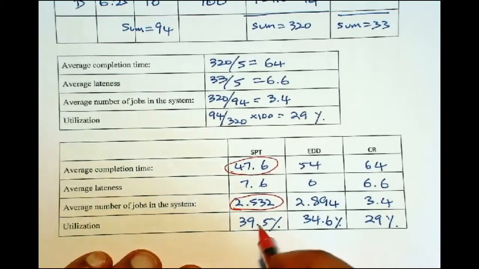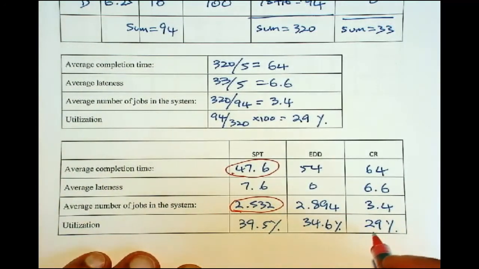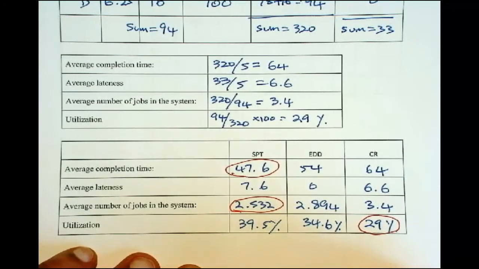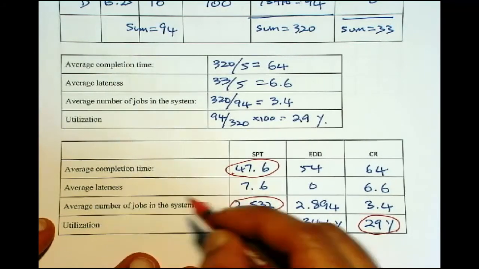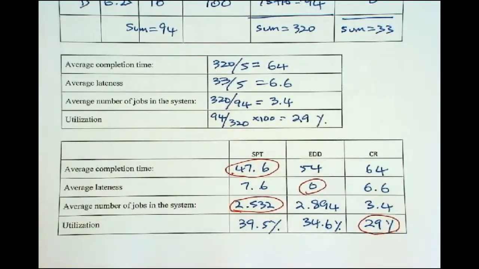The utilization is not precisely work in process inventory, it is about the percentage of time a job will not be idling, and the smallest value there is CR. Now, as far as the delivery due date performance is concerned, EDD gives you the best value, and this is what we discussed earlier also.